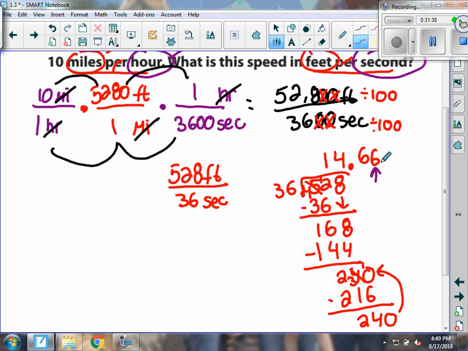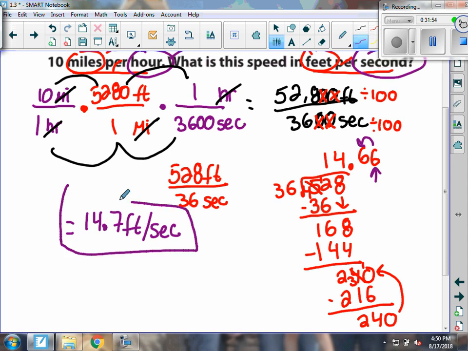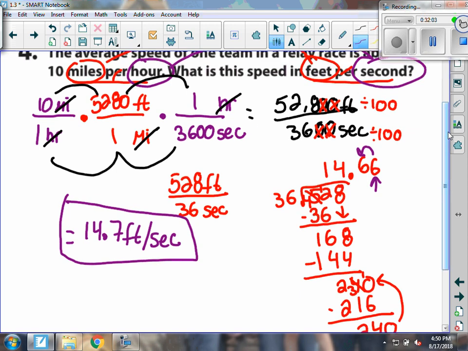This 6 is going to make this 6 go up by 1. So this is going to equal 14.7 feet per second. So there's my answer. Make sure you have all that written down, and that's the end of these notes.